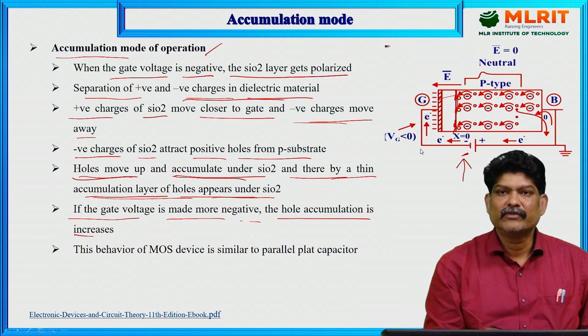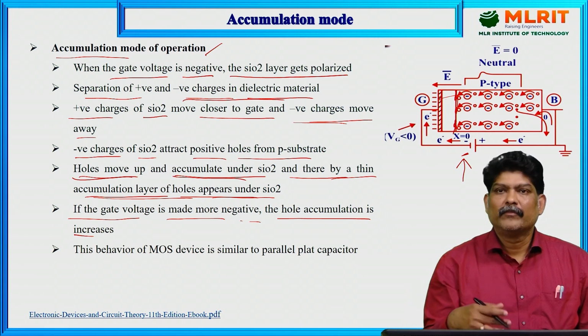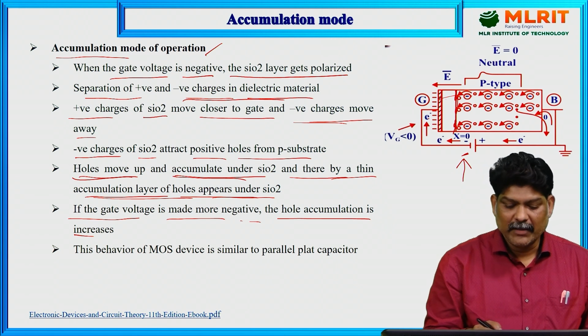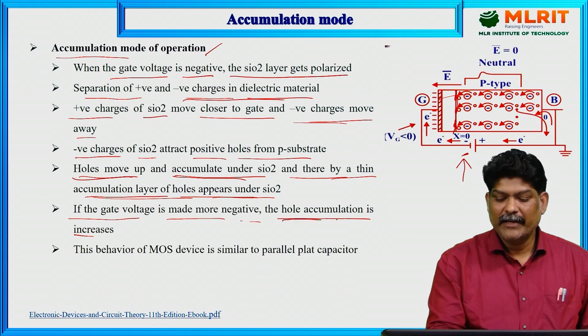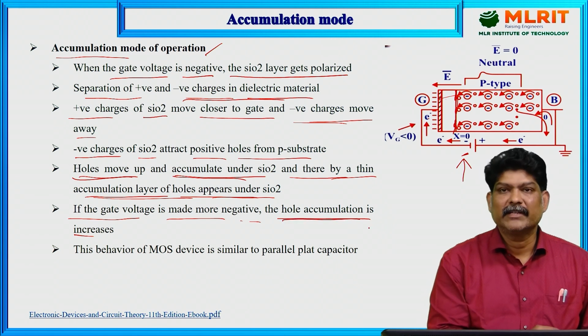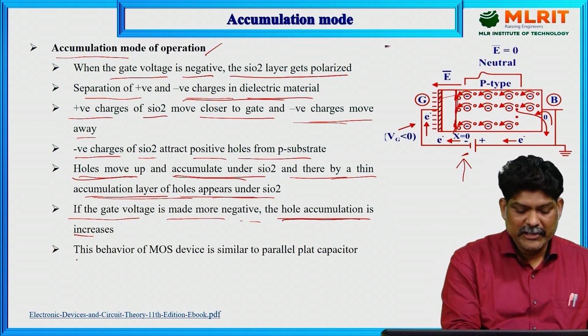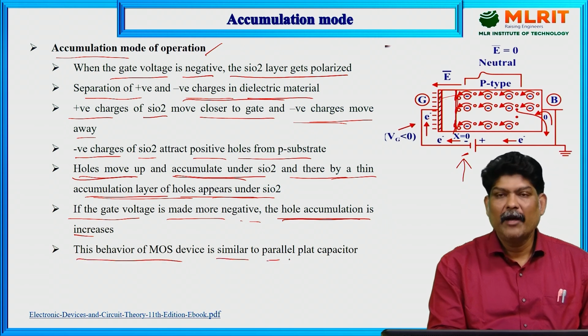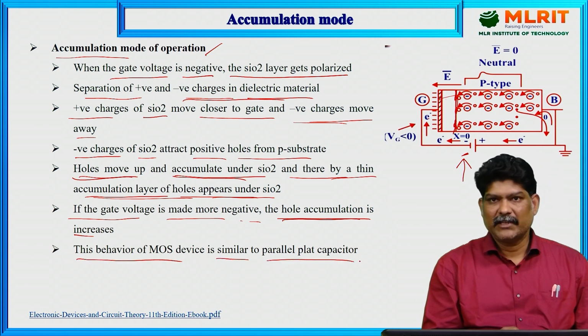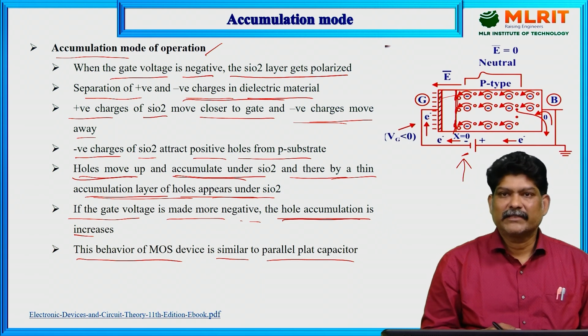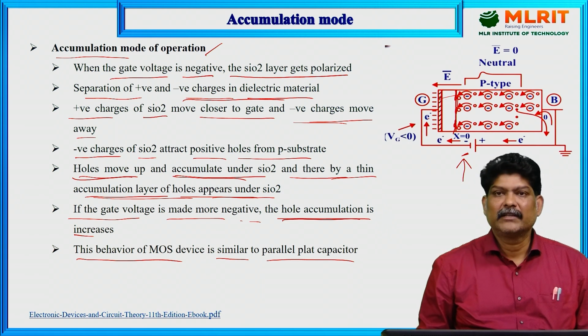Under the SiO2 layer a huge amount of holes are accumulated, so hole accumulation also increases. This behavior of the MOS device is similar to a parallel plate capacitor. That's why we can say it is a MOS capacitor, metal oxide semiconductor capacitor.